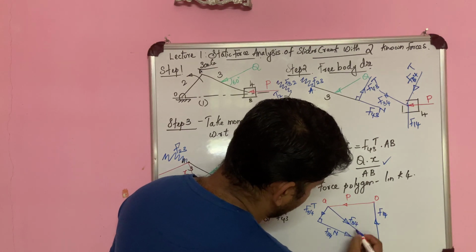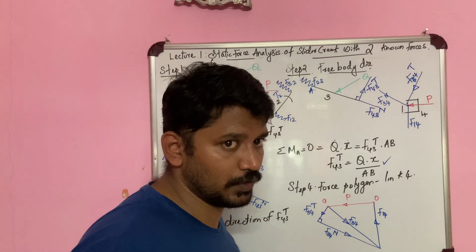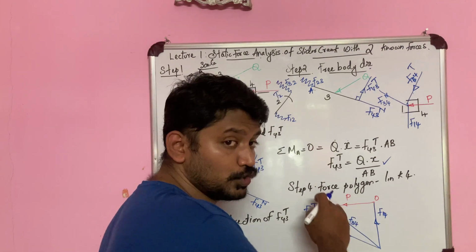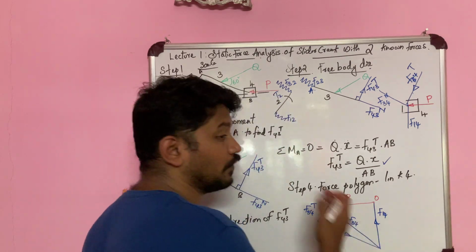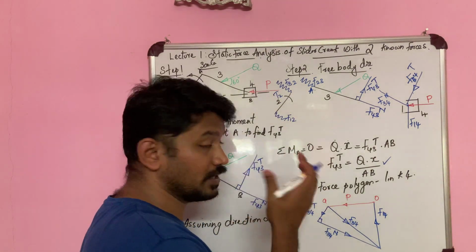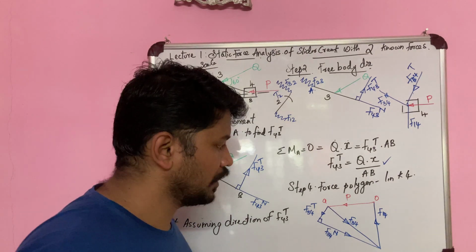f34. Now this is the resultant of f34t and f34n. I am drawing it in the opposite direction to the flow. What is the flow? f34t is like this, f34n is acting, so the flow will take the third force like this, and the resultant will be in the opposite direction to it. f34 is acting downwards.